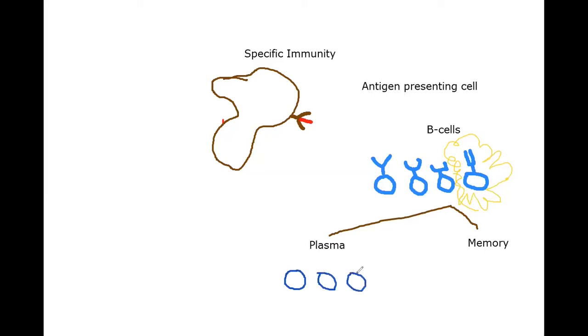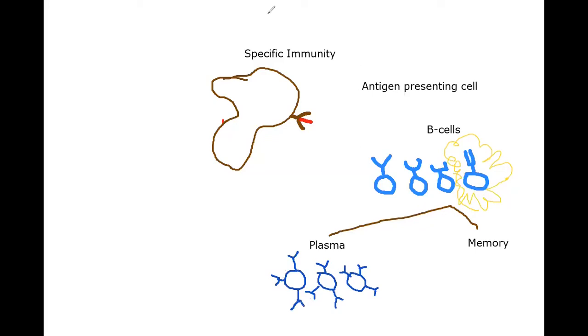What they do is they produce antibodies. Antibodies are these little Y-shaped things, and those antibodies can go looking for and attach to the antigens on the invaders.